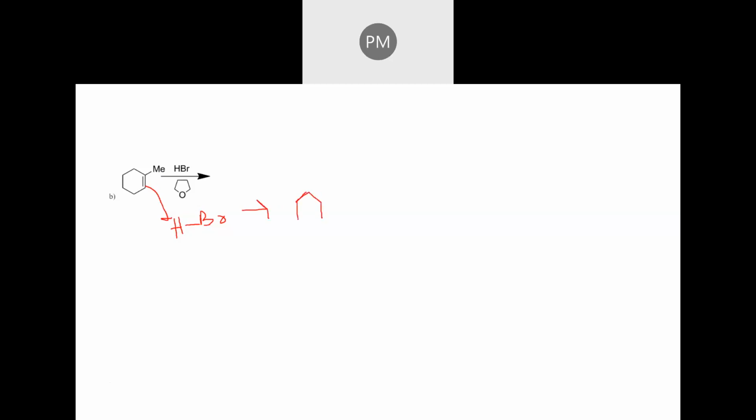There are two possibilities where the hydrogen can attack, but the major product will be where the stable carbocation is formed. One possibility is like this, where the carbocation is generated here and the hydrogen is here.